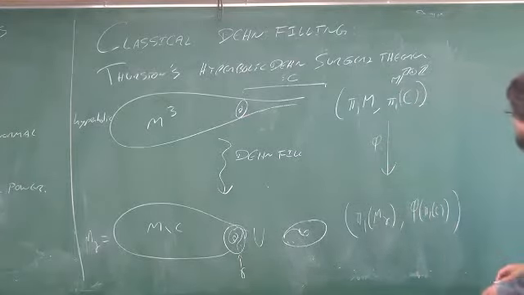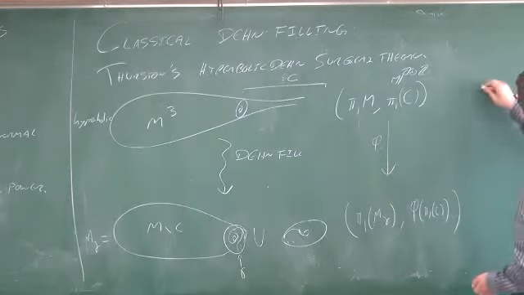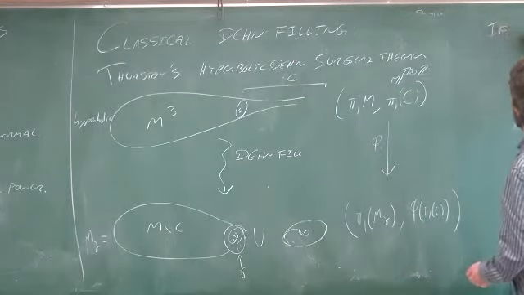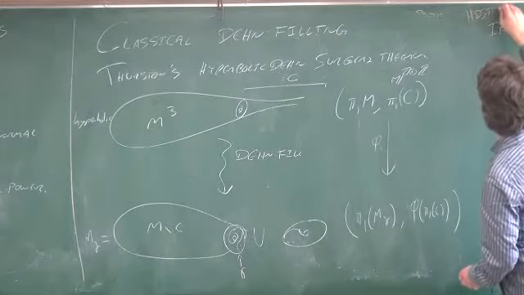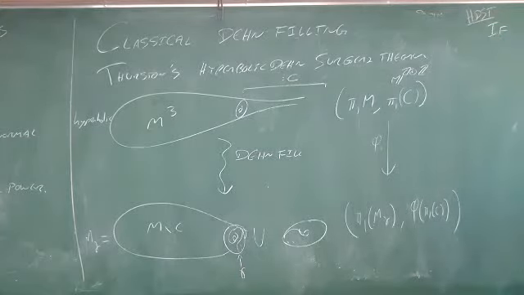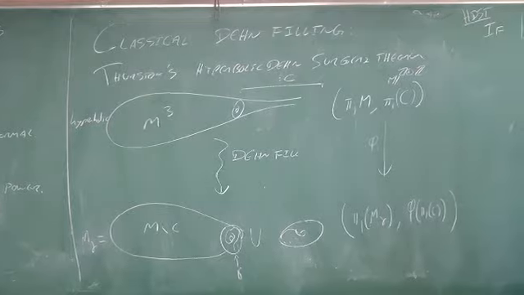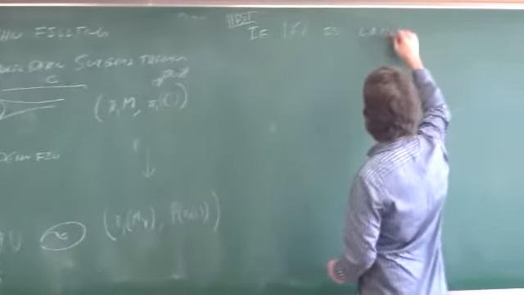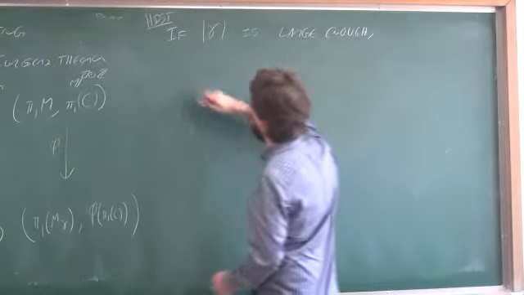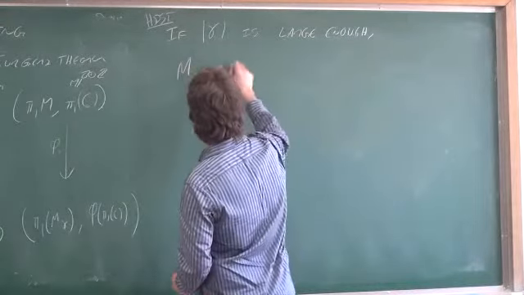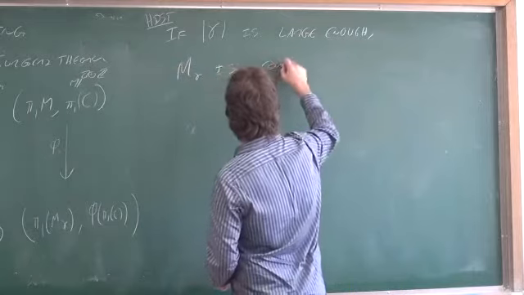Okay. Now, this is the hyperbolic Dehn surgery theorem, which I'll just write HDST for short. If the length of gamma is long enough, M_gamma is compact hyperbolic.